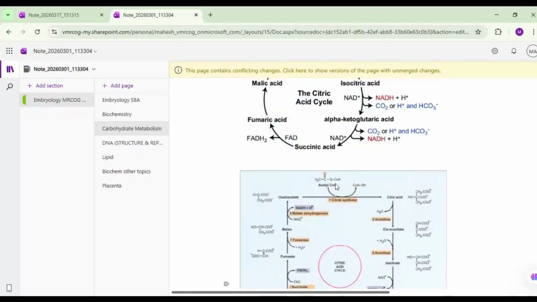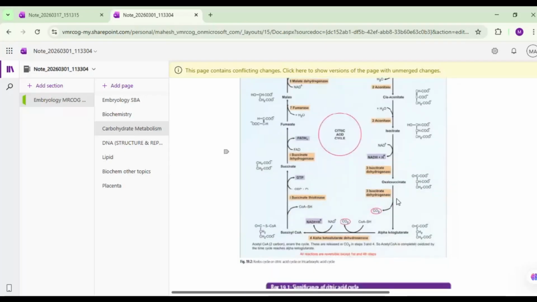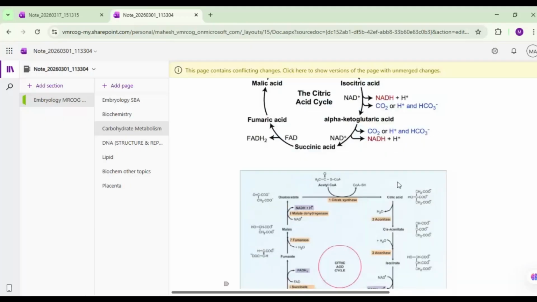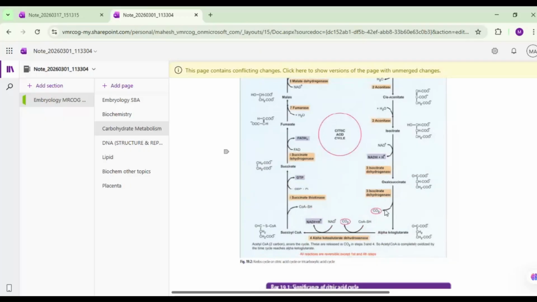Now the same thing in this format. This is acetyl CoA entering the citric acid cycle. In the cycle, one NADH is formed here, CO2 is formed here, another NADH and CO2 here, and one FADH2 here.